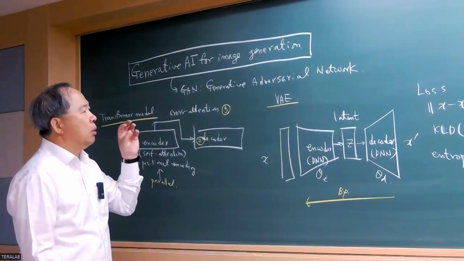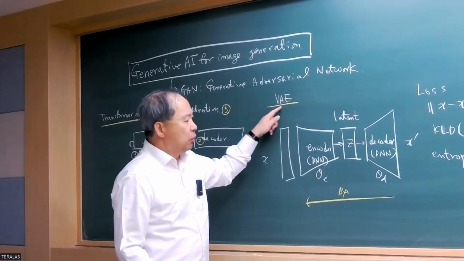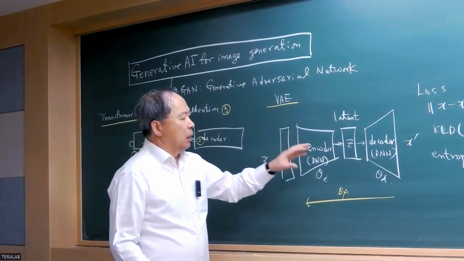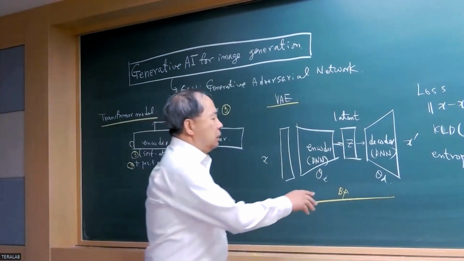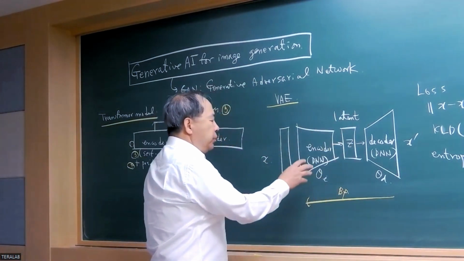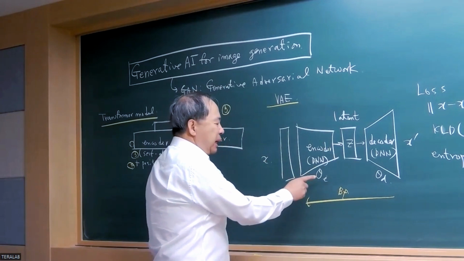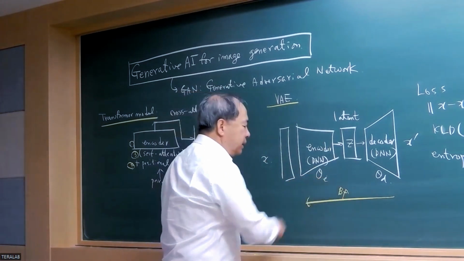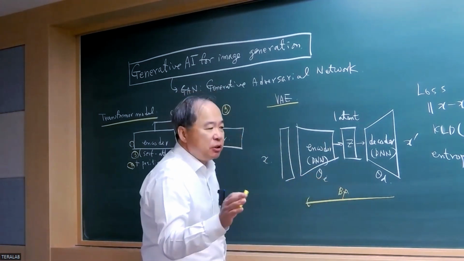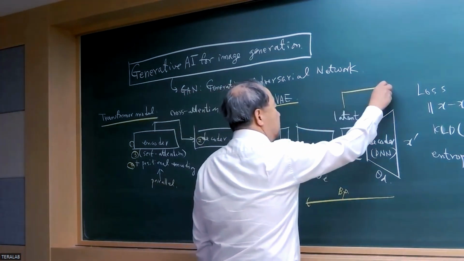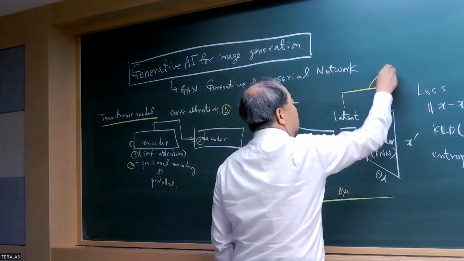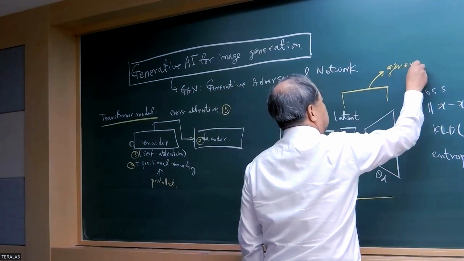Let's talk about the variational autoencoder. After the training, we have very good model parameters for the encoder and decoder. Then we can use this generator part for image generation.